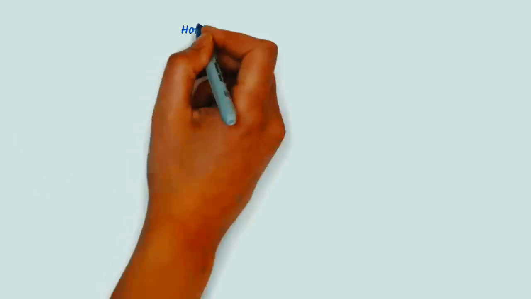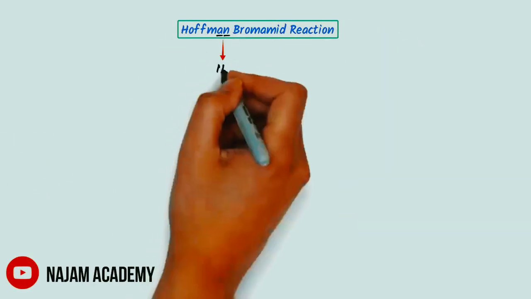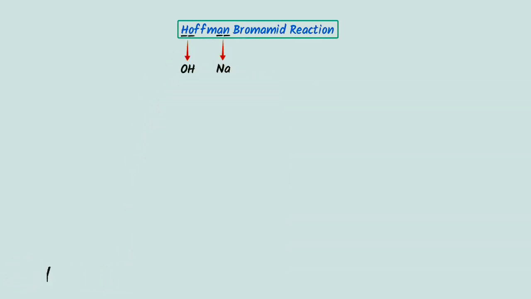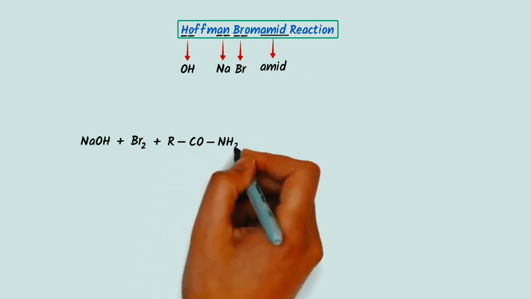Now let me teach you the Hofmann bromamide reaction. Well, I select Na and OH in Hofmann. I write it as sodium hydroxide, plus I select Br in bromamide, I write bromine. Thirdly, I select amide in bromamide. We know that amide is R-CO-NH2.